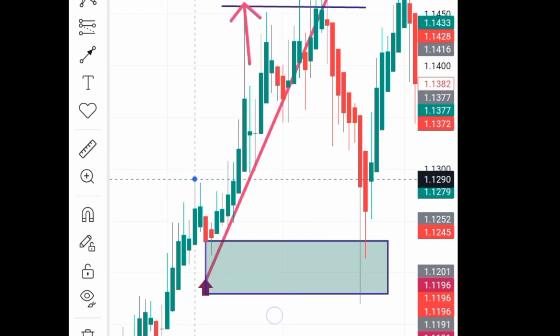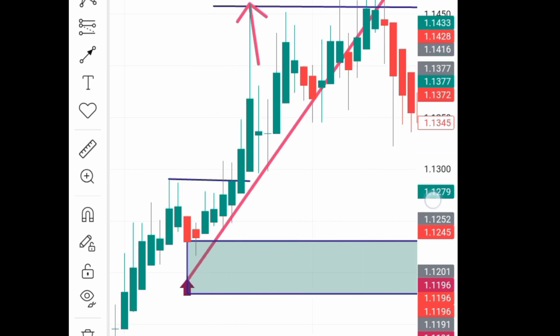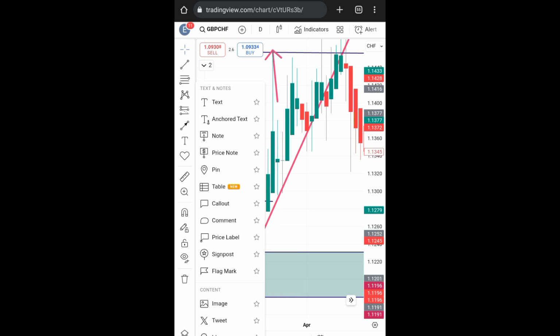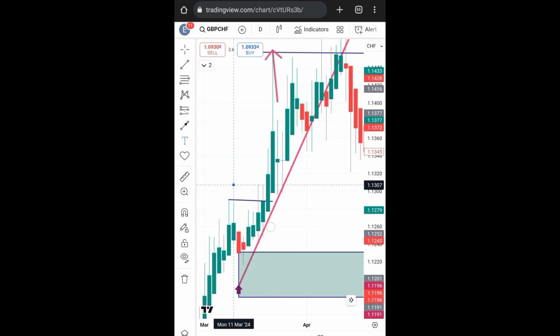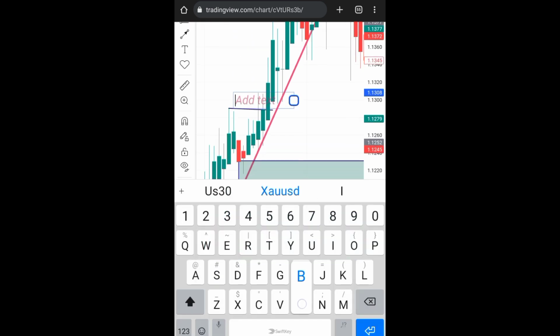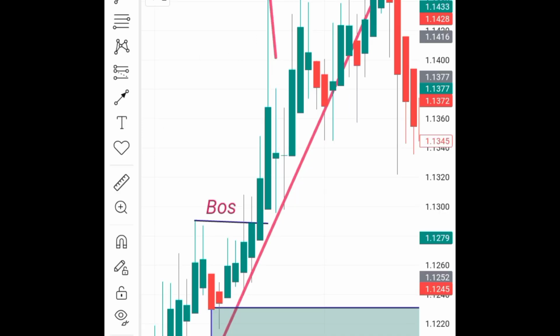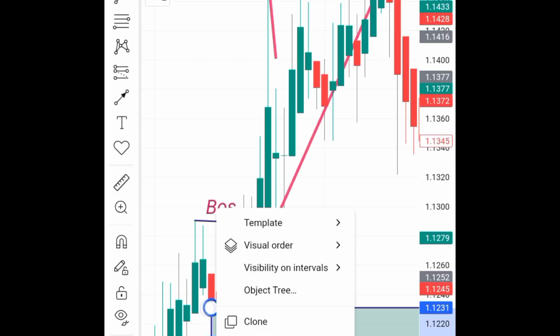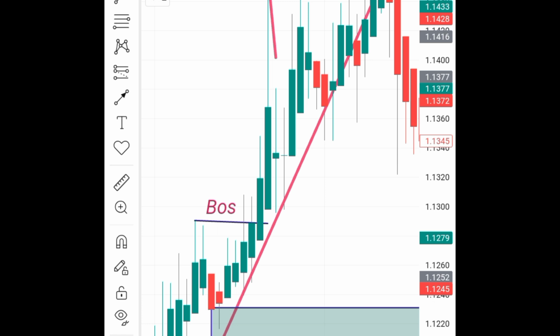You see, we had a zone right here and we had a BOS. So let's name that place BOS. The zone that led to the break of that structure is this very one. So let's go to our H1.